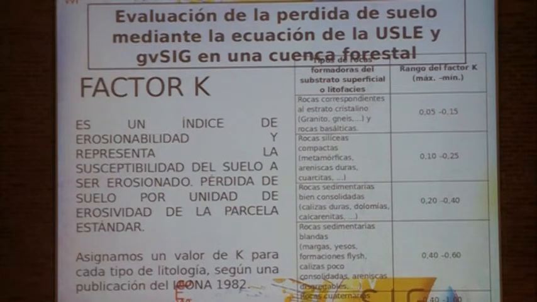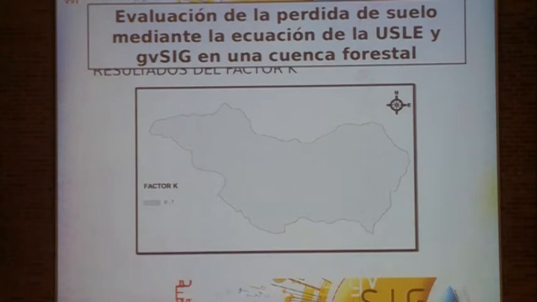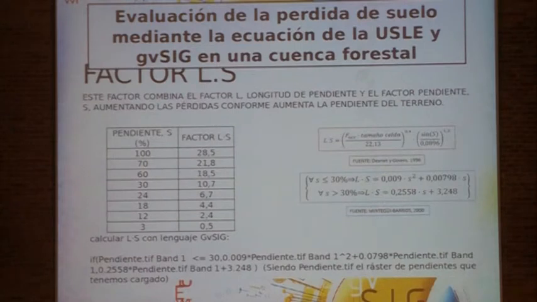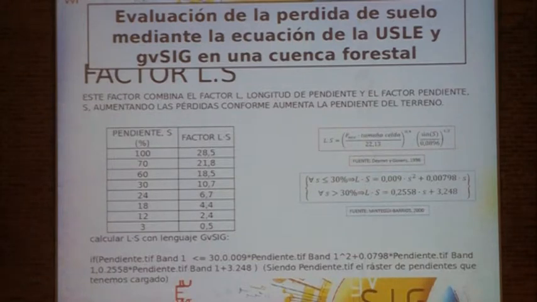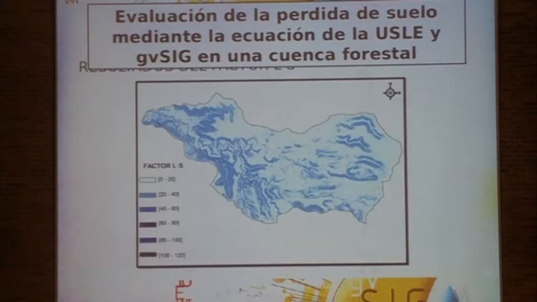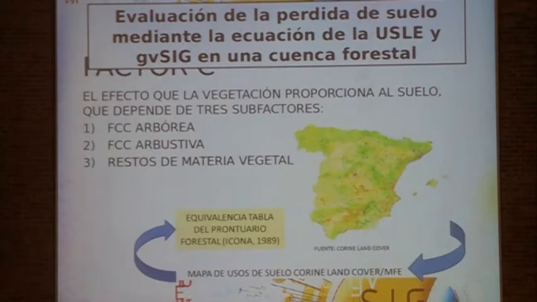and here we have the K factor, and then we would build a raster for this factor within our basin. Then we would have the factor related to the slope, and then we could build the LS factor, introducing the formula that you have, and that would inform about the LS factors. And this is the LS factor for the basin that we are using.